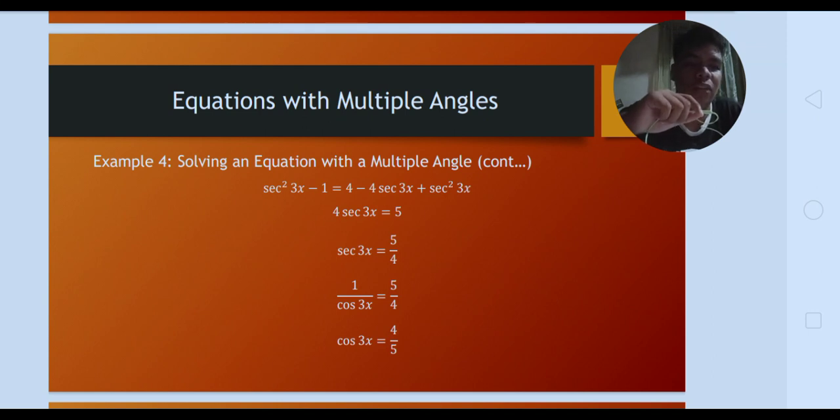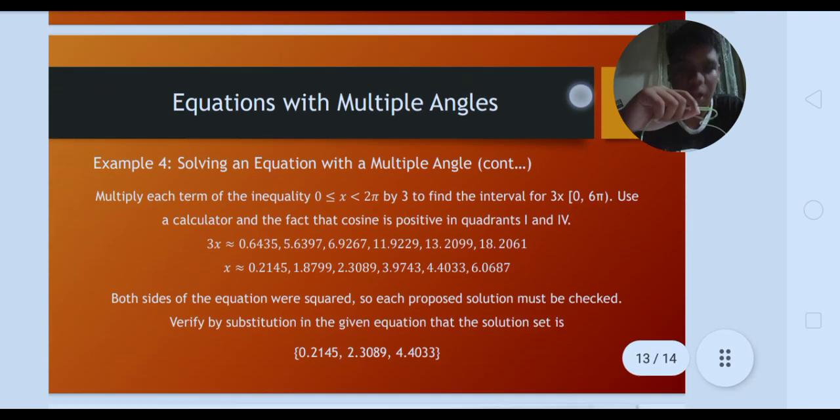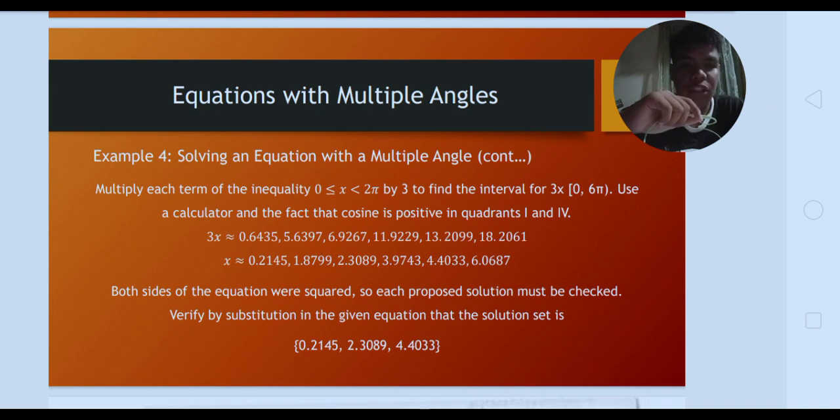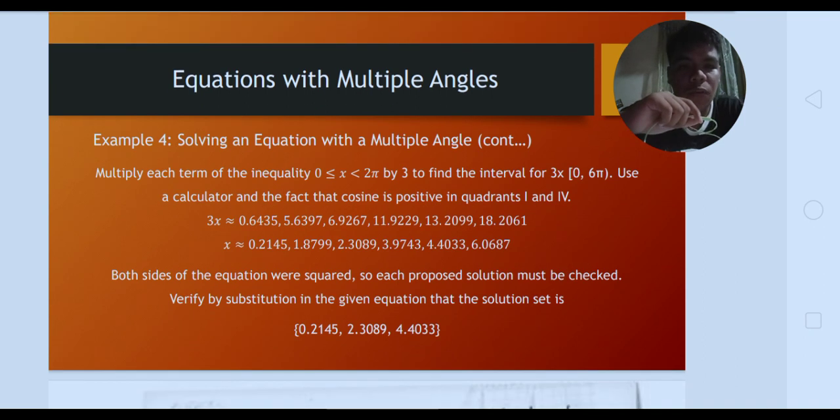We took the reciprocal of 5 over 4, which is 4 over 5. Multiply each term of the inequality x is greater than or equal to 0 but less than 2 pi by 3 to find the interval for 3x: 0 to 6 pi. Use a calculator and the fact that cosine is positive in quadrants 1 and 4.